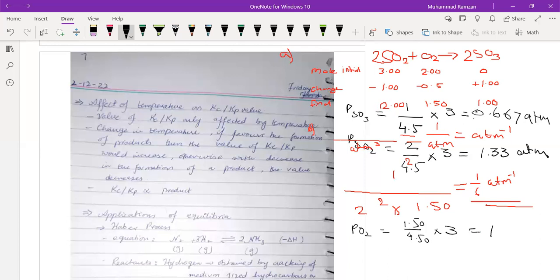Now you put the values in the Kp expression. While writing the Kp expression, you have to be careful. You will not use the sign of concentration.